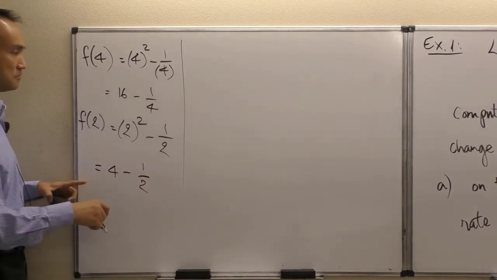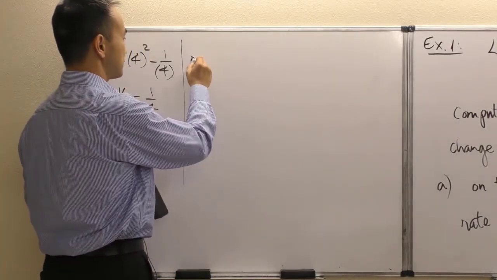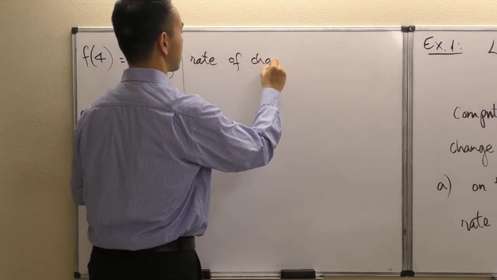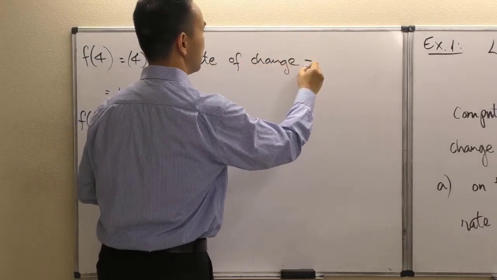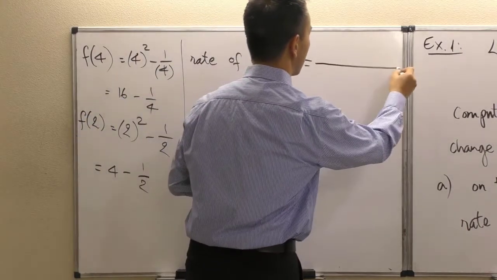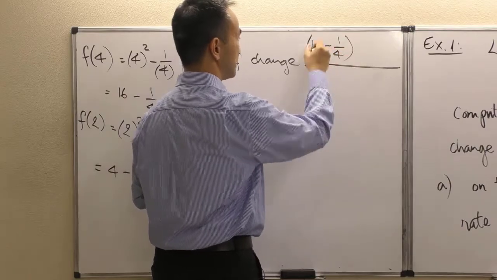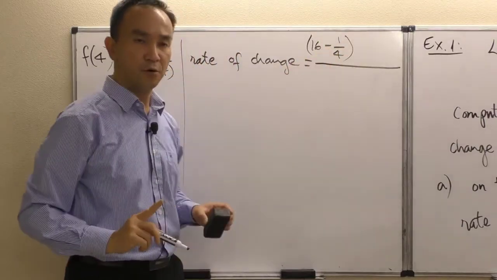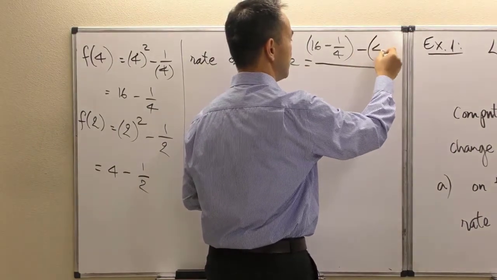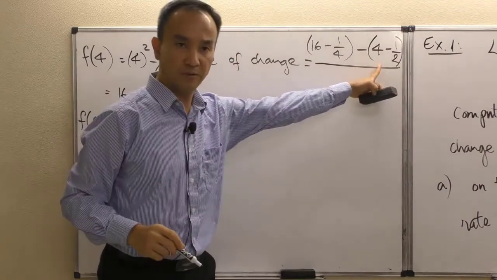And so now, for the rate of change I was talking about, this rate of change must be equal to the 16 minus 1/4, this is f of 4, and then I'm going to subtract 4 minus 1/2, and that is f of 2.